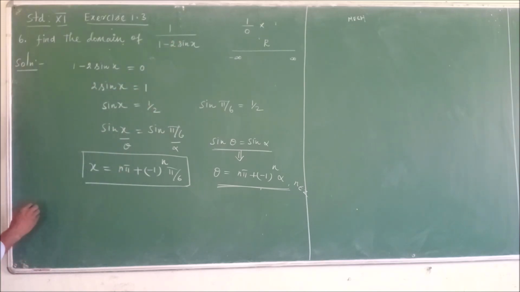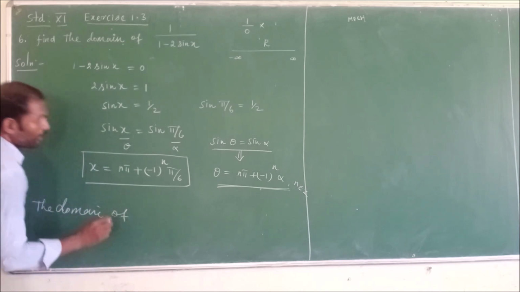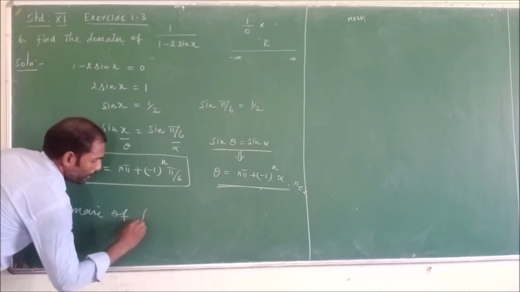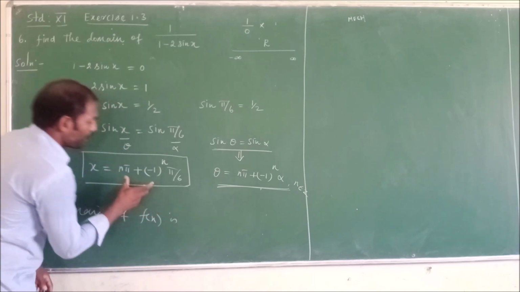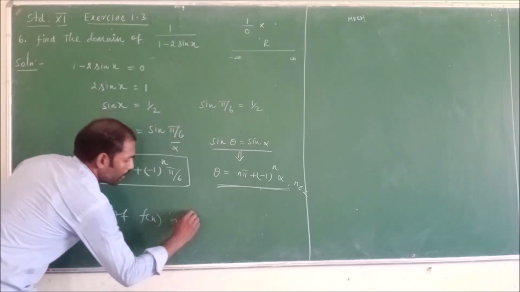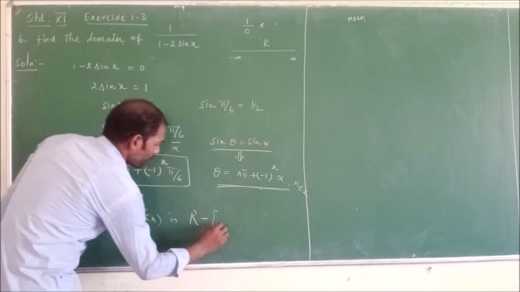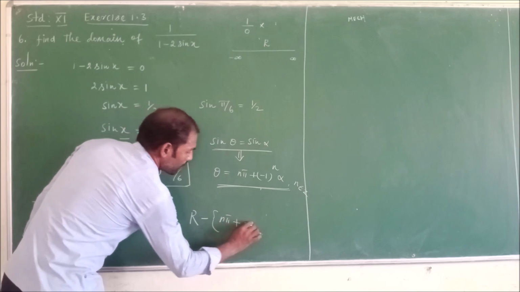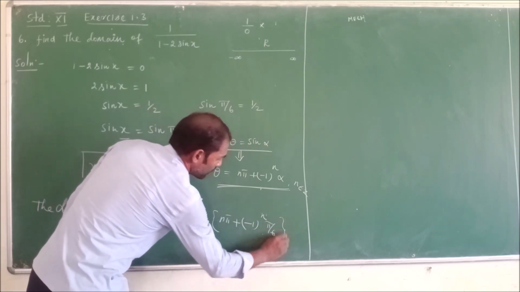So after that, the domain of the given function f of x is obtained by removing the zero values from the real numbers. So R minus the set of n pi plus minus 1 whole power n into 5 by 6.